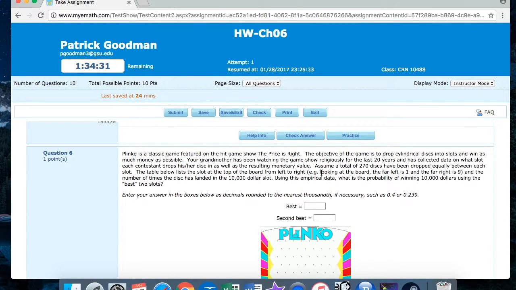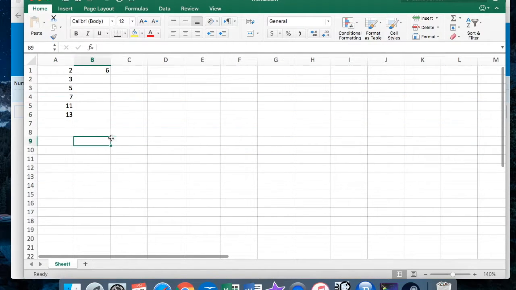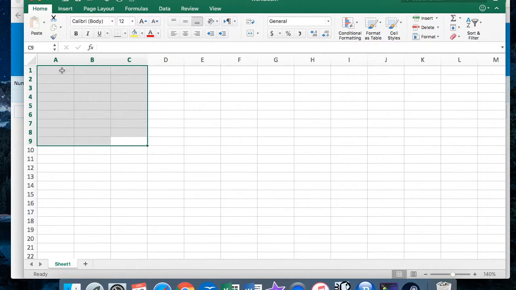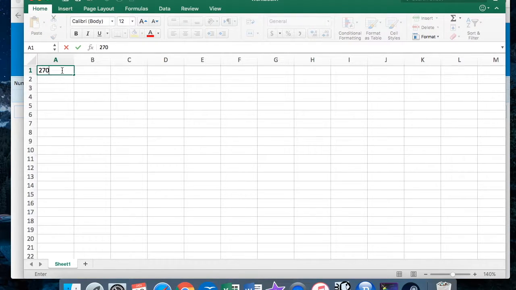So what's happening is they say, okay, we're going to drop 270 total discs, and they were dropped equally between each slot. And now they say there's 9 different slots, so 1 through 9. So first off, it says if they're dropped equally between each slot, let's figure out how many discs are dropped in each slot. Okay, so they say 270 total, right?